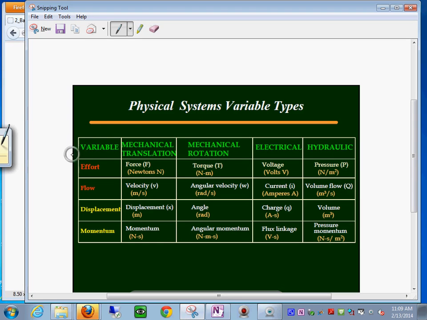Okay, let's write down what I was saying. This one in here is the effort E. This is the flow F. This is the displacement, and then you have the momentum P. So these are the so-called generalized variables.